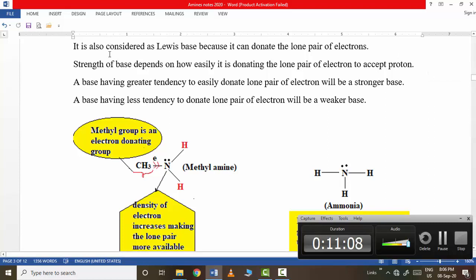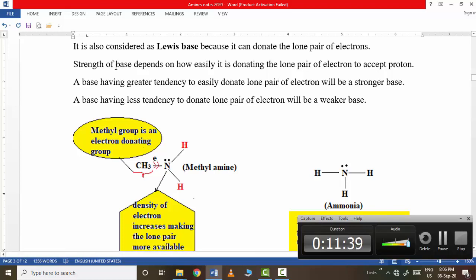Because it can donate the lone pair of electrons, methylamine is also known as a Lewis base. According to the Lewis concept, a base is a substance which can donate a lone pair of electrons, and an acid is a substance which can accept a lone pair of electrons. Therefore, since methylamine donates a lone pair of electrons, it can be considered a Lewis base.